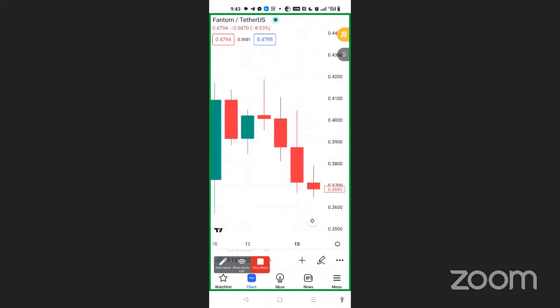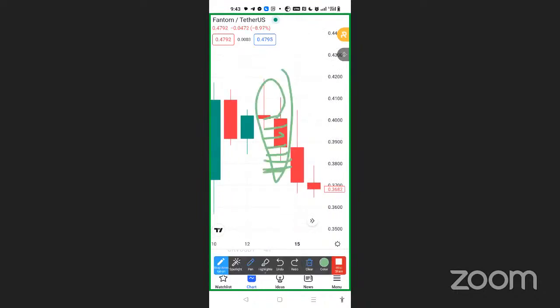Remember, ladies and gentlemen, we explained that when a green candle is formed, it starts below and ends on top. So if we look at this red candle here, it might not have started as a red candle.